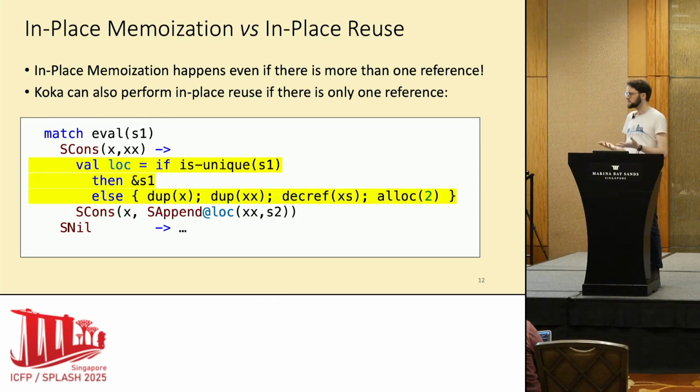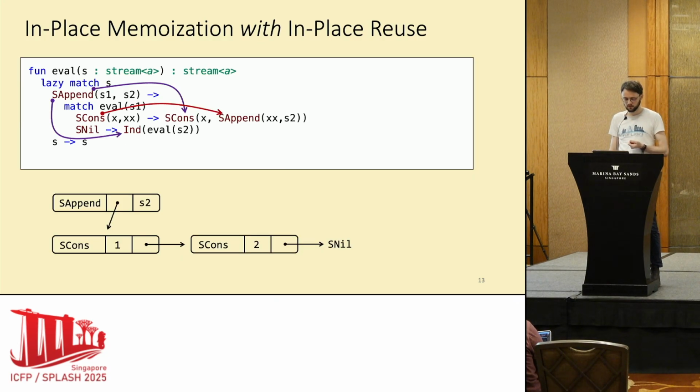These are two very separate optimizations, but it actually turns out that you can use them together. In this example, we can use in-place memoization to turn the S-append either into an indirection node or an S-cons. And we can use in-place reuse to dynamically see if the S-cons from the first stream has a unique reference count, and then use that memory for the S-append cell.